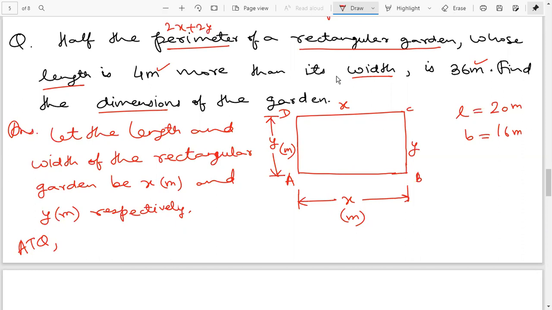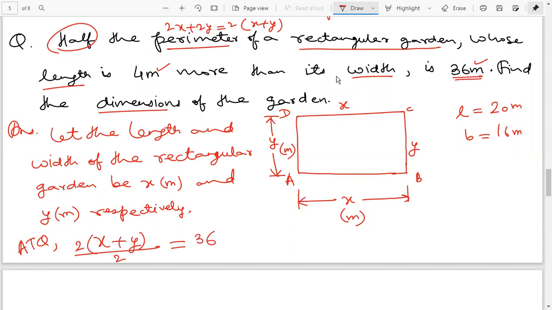We can take 2 common, so it will be 2 times x plus y. So half of the perimeter will be x plus y, because the full perimeter of the rectangular park is 2x plus 2y. We can also write it as 2(x plus y) divided by 2, because half of the perimeter is 36.